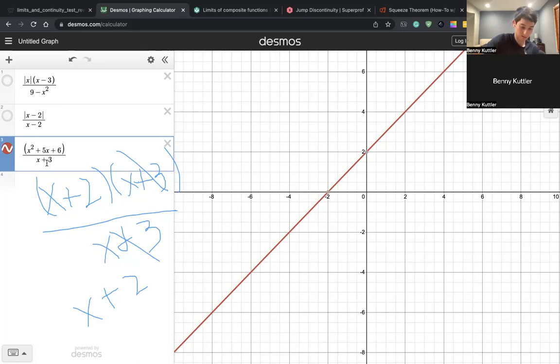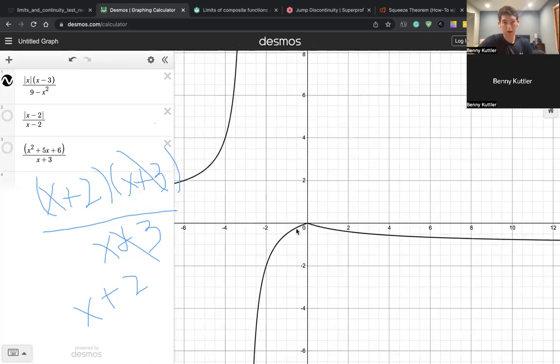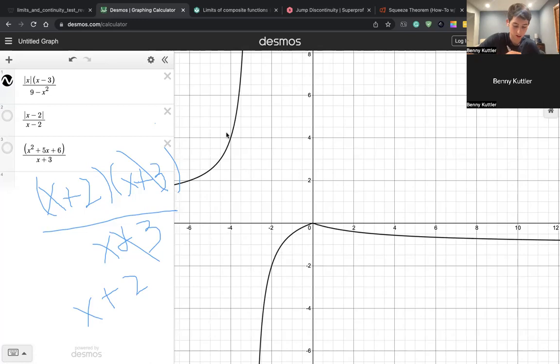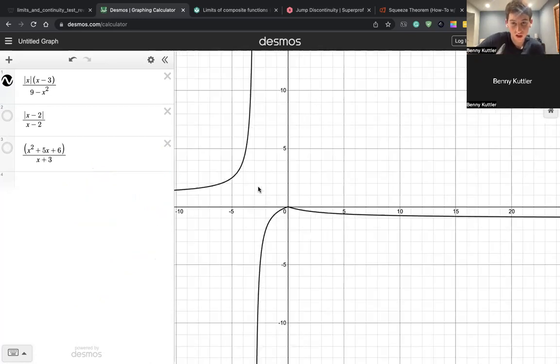This is the same function we had earlier, but if we look at x equals -3, we see something a little different.